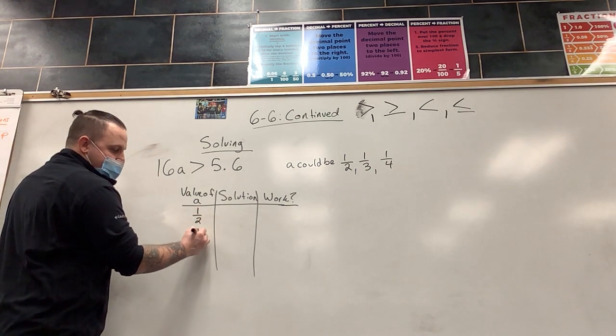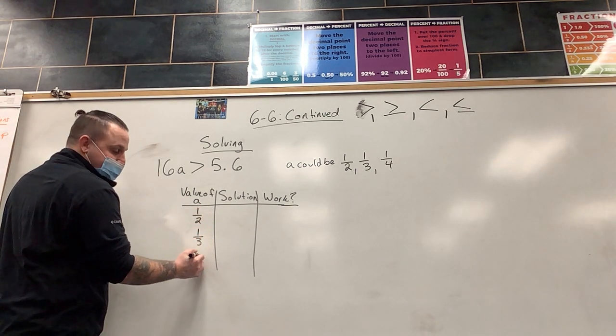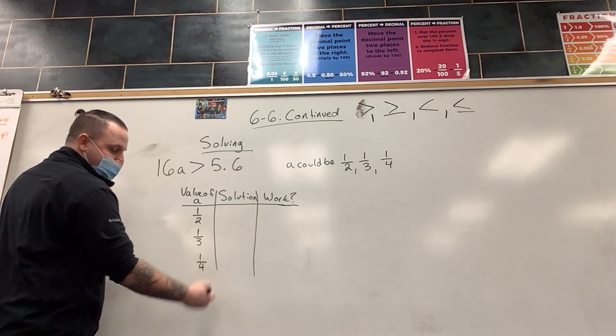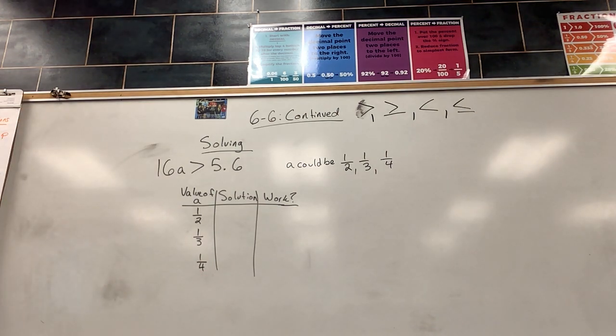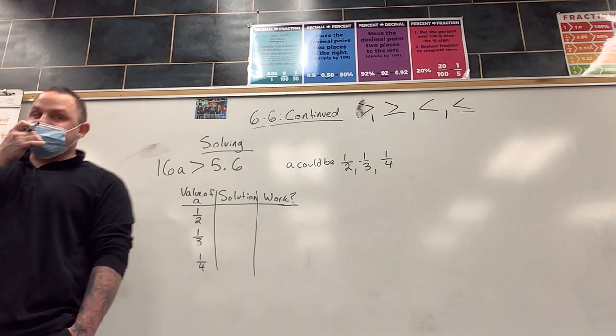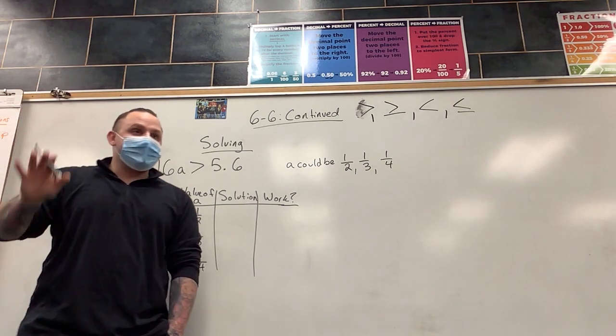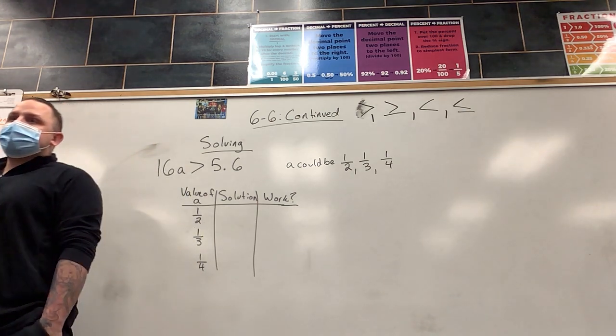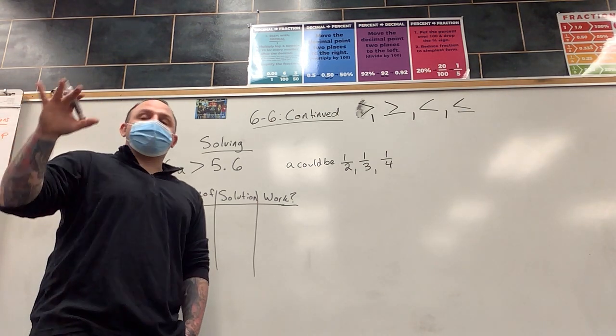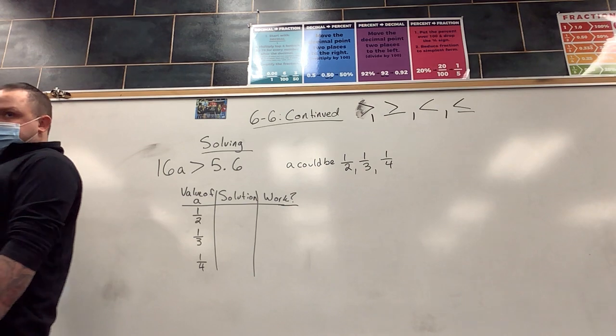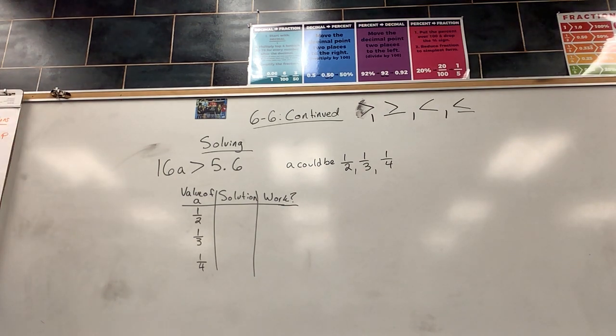And yes, I value that some of you know that 1/2 is the same thing as 0.5, and that 1/3 would be 0.3 repeating, and that 1/4 would be 0.25. But for our intents and purposes today, keep it as a fraction for now. I promise you that will make you feel a lot better later on. Understand?